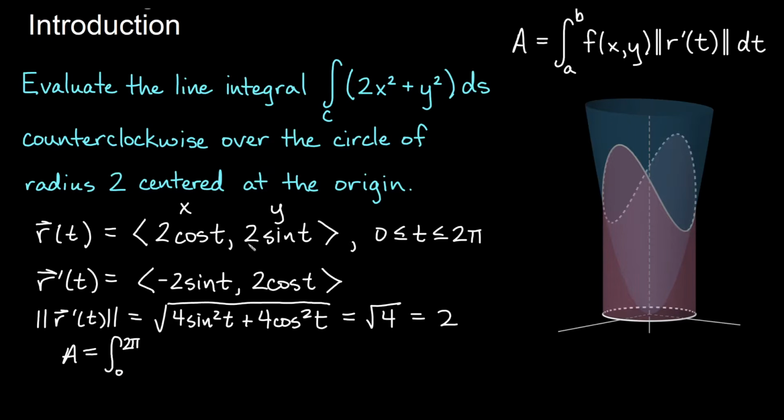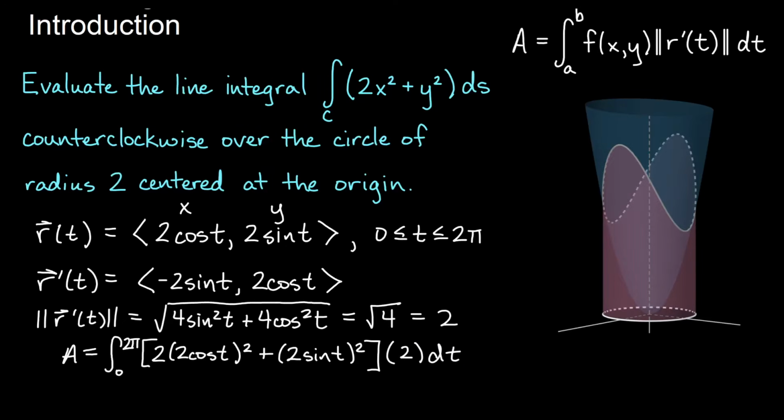And now if I plug my x and y for my parameterized curve into my formula, then 2x squared is going to become 2 times 2 cosine of t squared, plus y squared would be the 2 sine of t all squared, and then times my magnitude of r prime of t, which was 2 from here, dt.